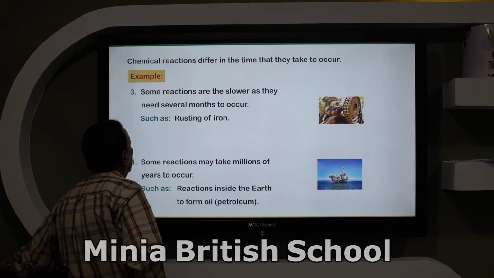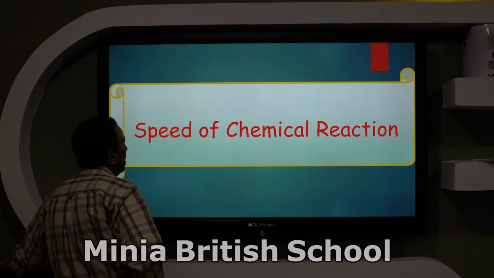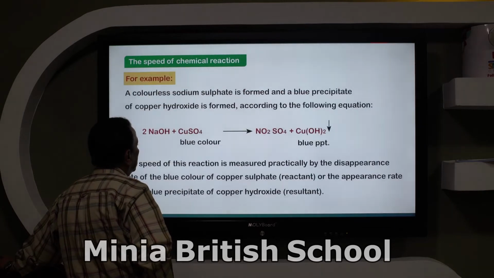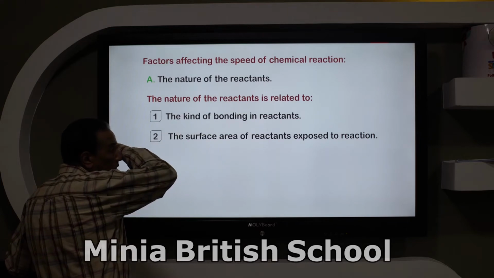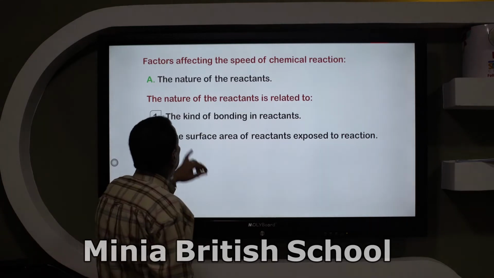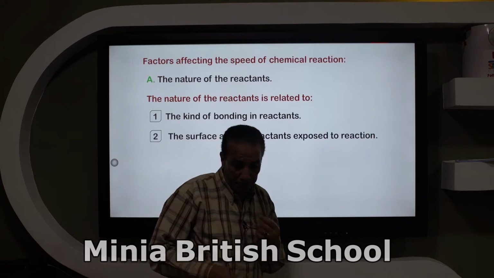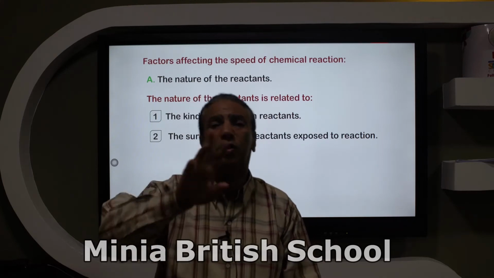Here we have a group of factors affecting the speed of the chemical reaction. Number one is the nature of the reactant. The nature of the reactants includes two factors, which are the kind of bond and the exposed surface area. We will talk first about the kind of bond. We have two different kinds of bonds.